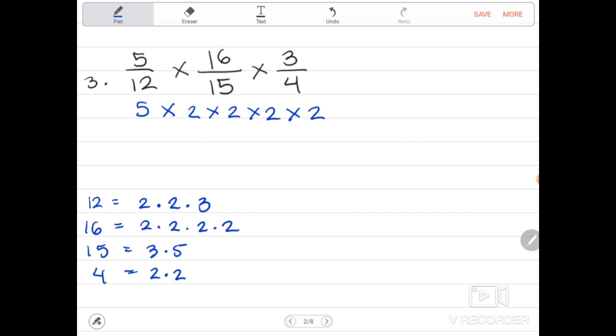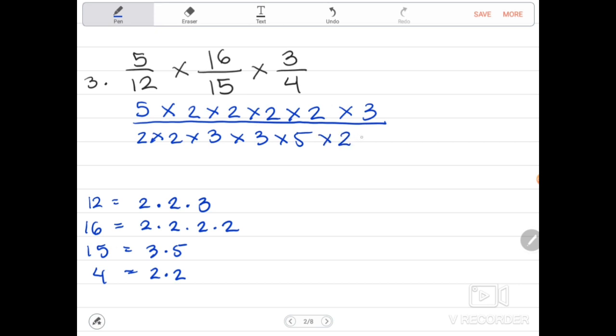Then, times 3. All over, so 12, we have 2 times 2 times 3. For 15, we have times 3 times 5. For 4, that is times 2 times 2.